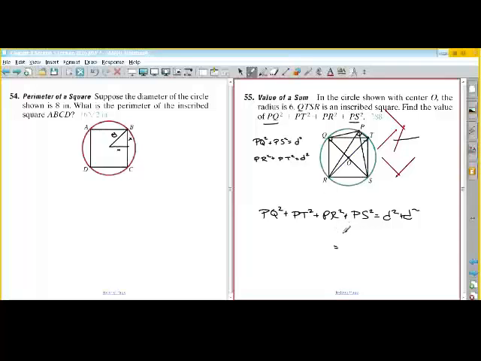The diameter is given in the problem as 6. Actually, the radius is 6, so the diameter is going to be 12. So I get 12 squared plus 12 squared, which is 144 plus 144, which is 288.